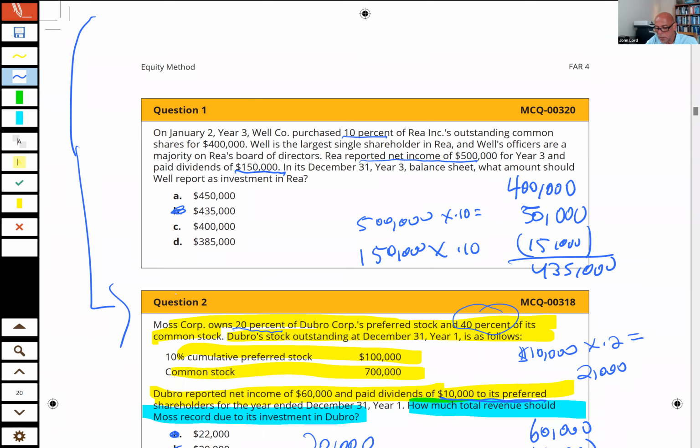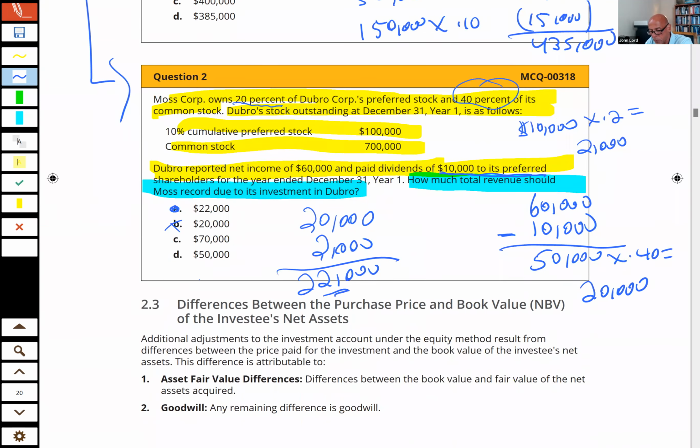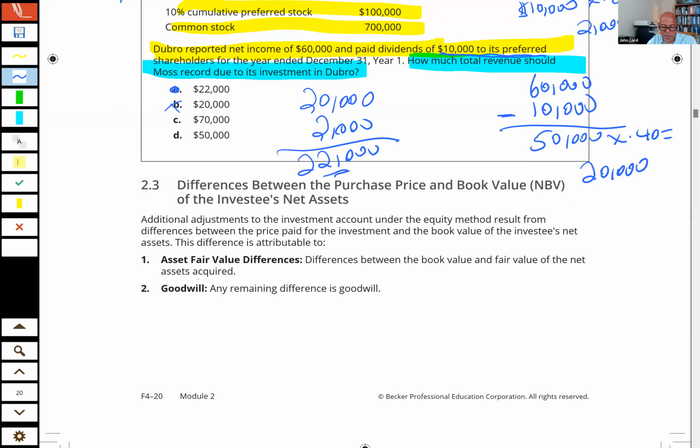Okay, good. Let's take a look now at the next section and what happens. The entity is reporting things at what? At book value. If we're talking about property, plant, equipment, they're supposed to be carrying that at historical cost.